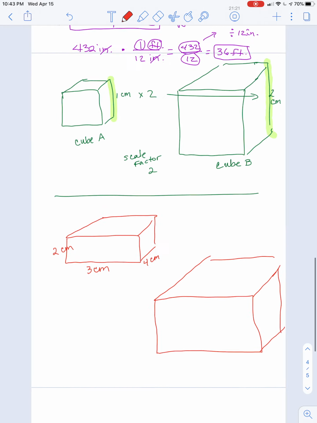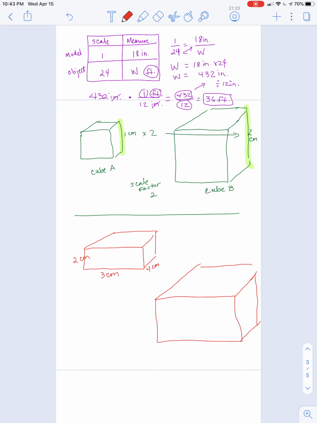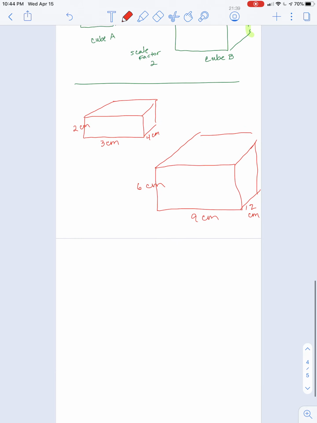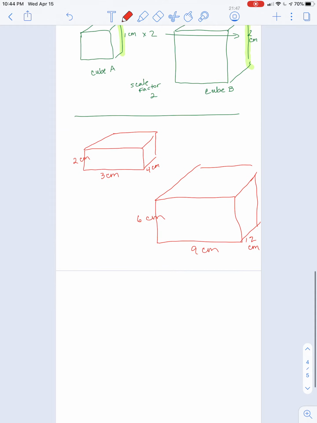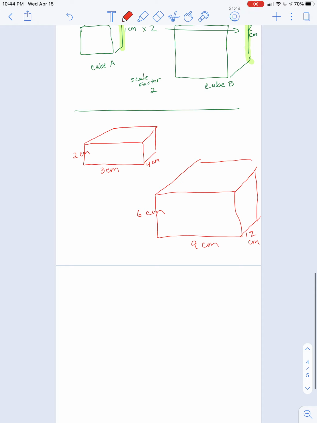Yikes. Okay, so this one is 9 centimeters across the bottom and 6 centimeters in height and 12 centimeters in width. Yes, okay. So there's my 2 rectangular prisms.